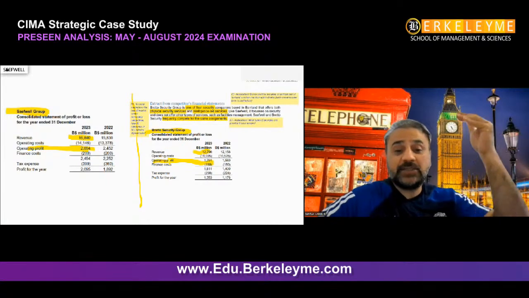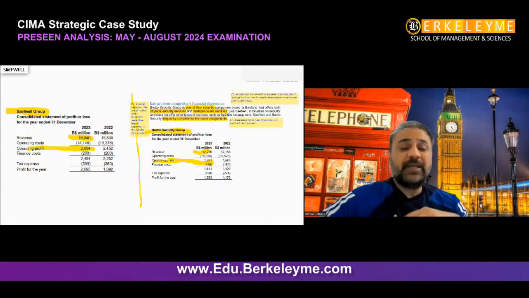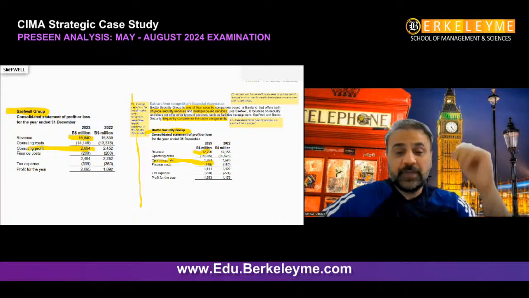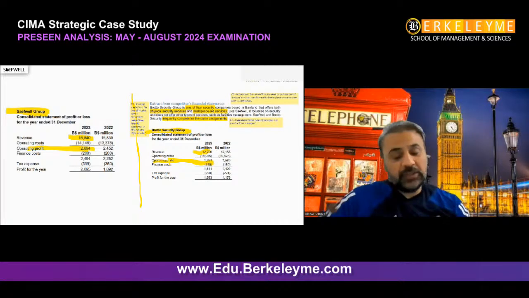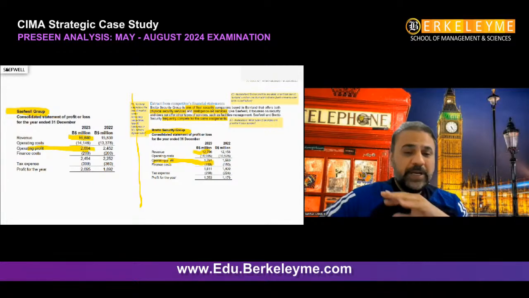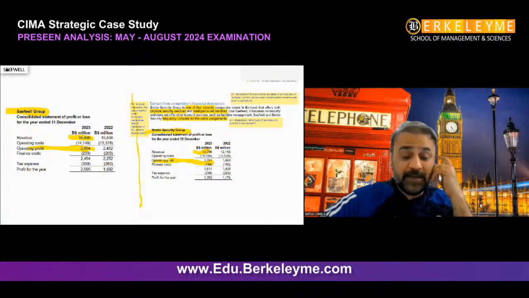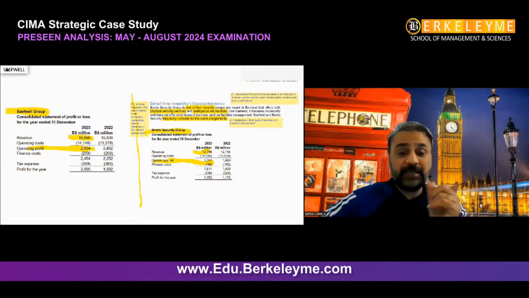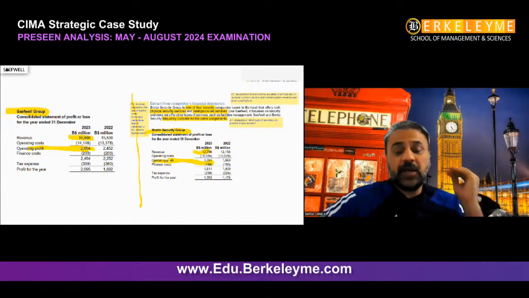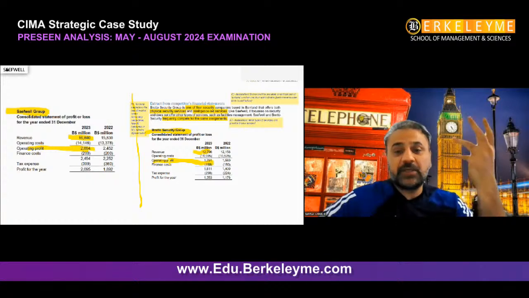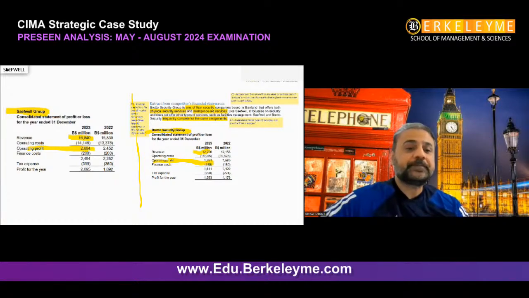These are strategic issues. Profitability and working capital are very important, but they are not strategic issues. So the first thing that as a student you need to learn is what is strategic and what is operational. Operational we will not focus on, because the operational case study exam has just finished. Now they want to check your strategic level discussions.